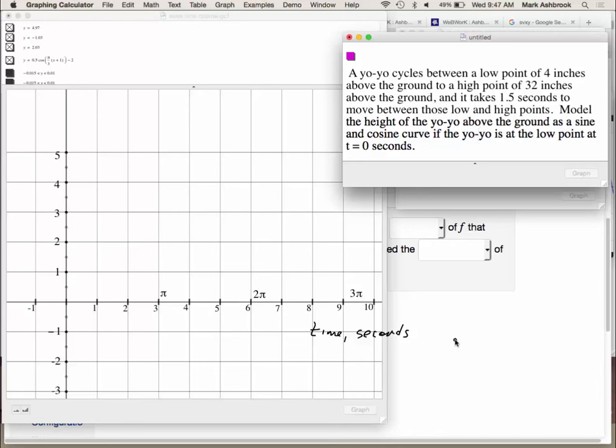Okay, and so I need, let's just do this as 10, 20. Instead, let's make this 10, 20, 30, 40. So that our y axis is going to be the height of the yo-yo above the ground in inches.